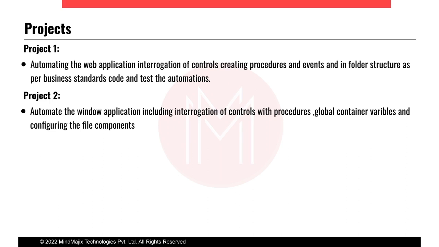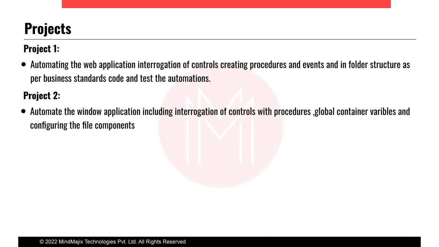The second will automate a Windows application, including interrogation of controls, how the bot will identify that this is a text area, this is a link button, and all the other controls used in Windows applications.